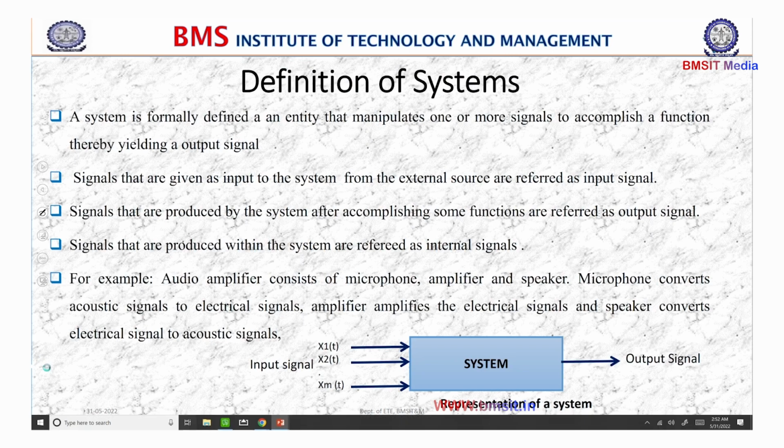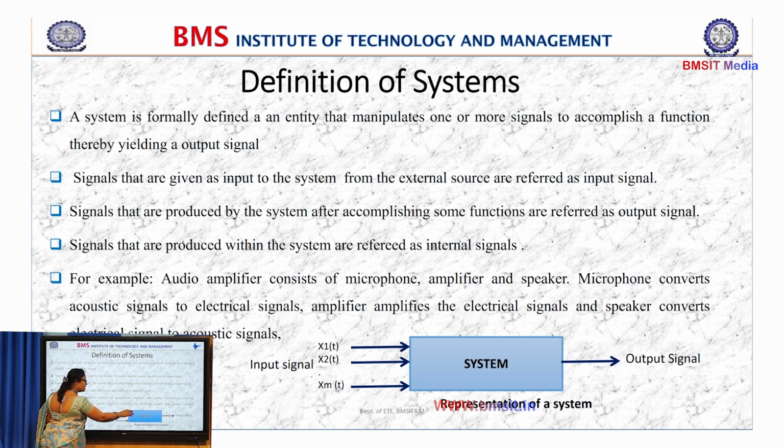Here we have a system which will perform some operations on the input signals. The input can be a single signal or m number of inputs can be given to the system. The system manipulates these input signals and produces the output signal. The signals produced inside the system are referred to as internal signals.